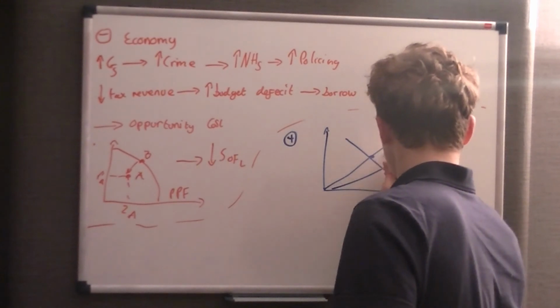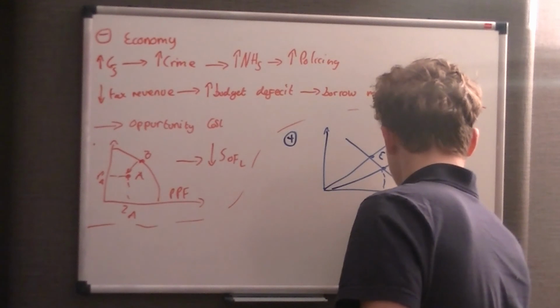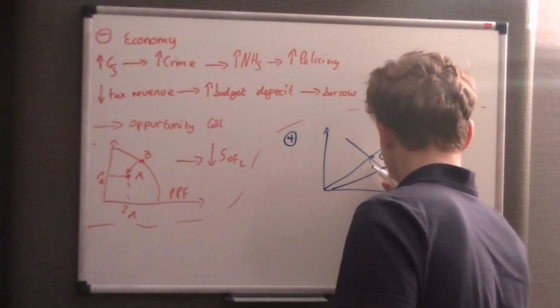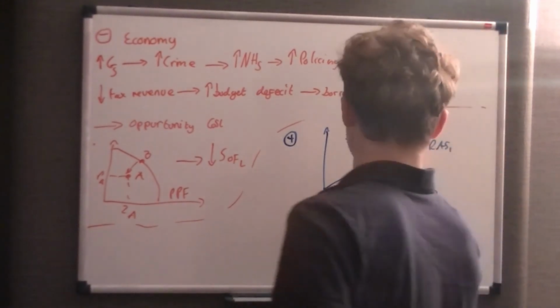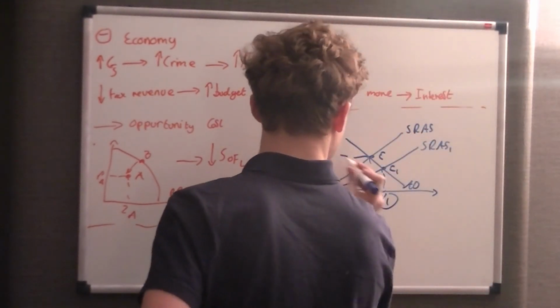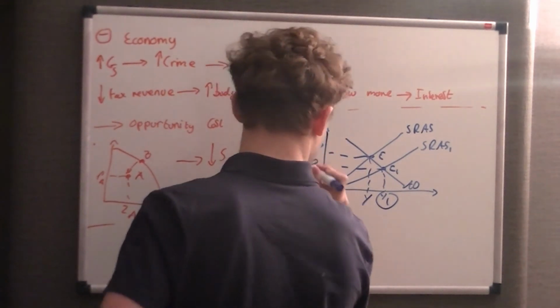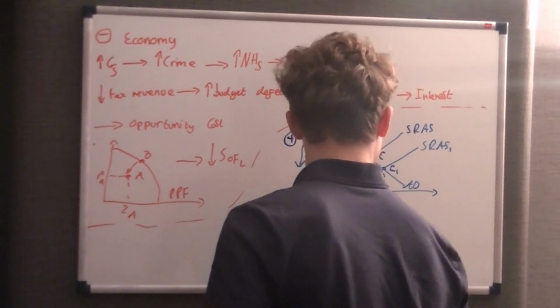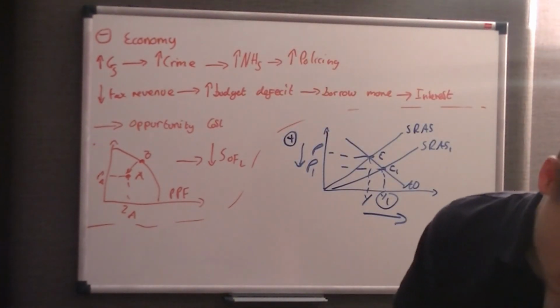And this moves us from E to E1 and Y to Y1. This being Y1, this being P, this being P1. So price decreases, output increases, and we should resolve the unemployment.